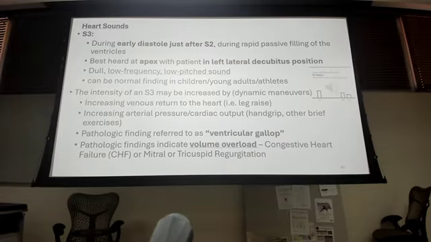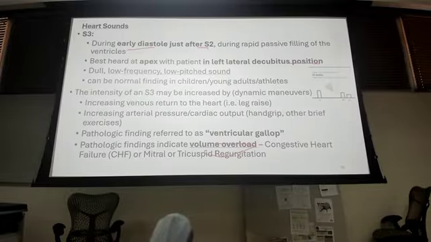Then we talked about S3. We talked about how this is a low frequency heart sound, so best heard with the bell of your stethoscope. And we talked about how this is an early diastolic sound, so it happens after the S2. And this is typically present in conditions where there is an excess volume right here, and it's known as the ventricular gallop.